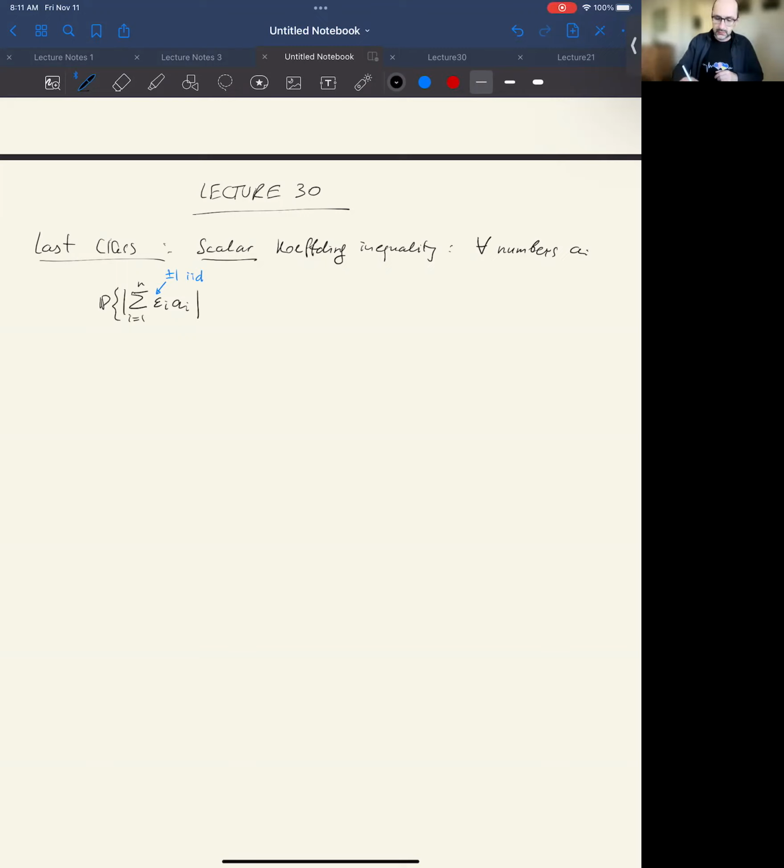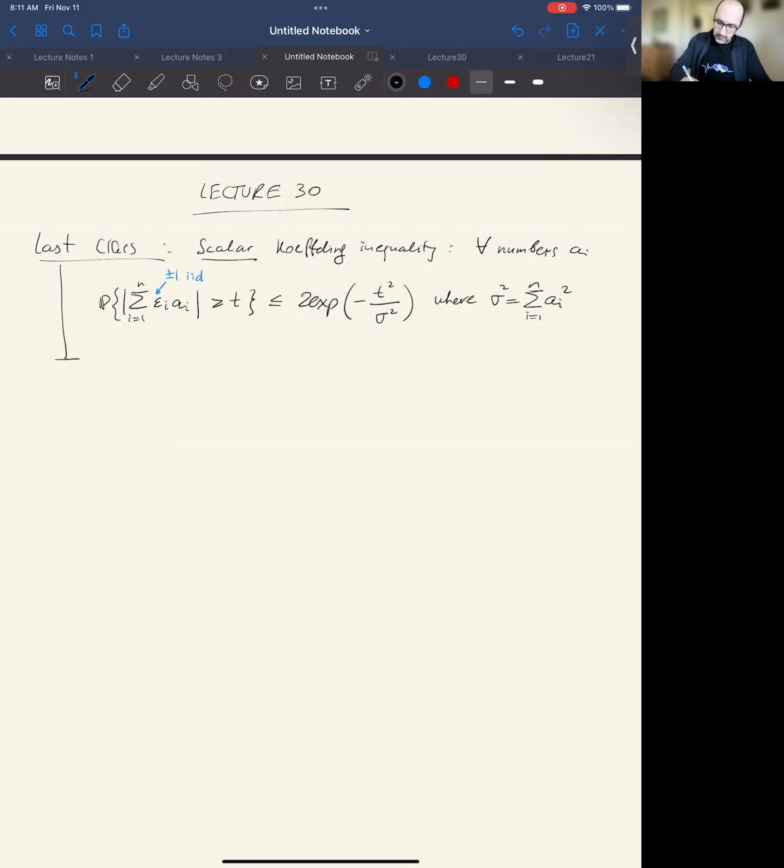That means the tail is basically e to the minus t squared, normalized, so it's scaled by the variance, where sigma squared is the variance of the sum, which is the sum of the a_i squared. So this was Hoeffding's inequality, a very useful little inequality about randomized sums.